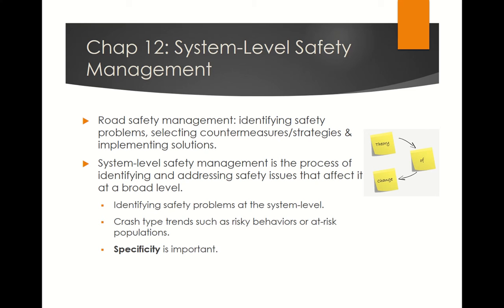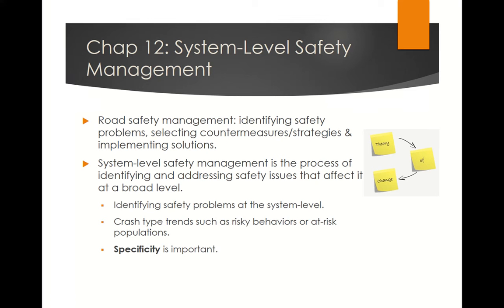It is important when we talk about system level management, that is the process of addressing and identifying safety issues that affect the population or the driving population at a broad level.